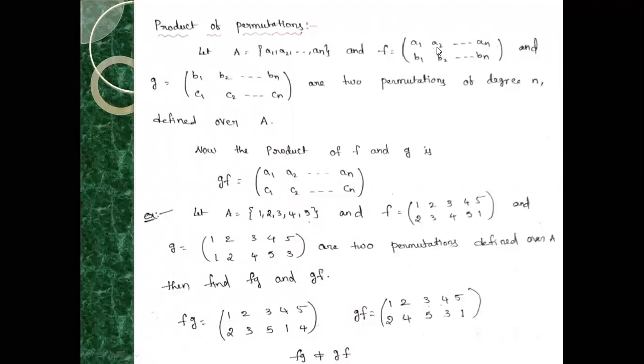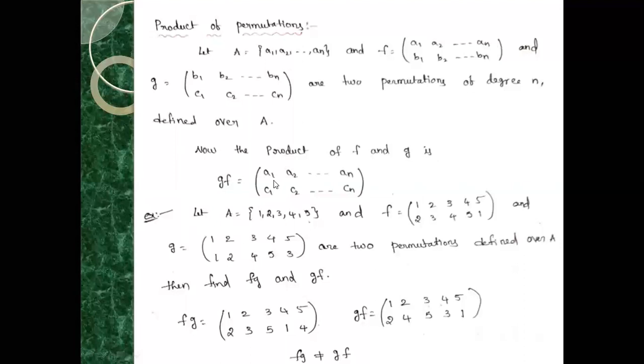Next, in the F function A2 is related to B2. After that we compare the B2 value in G. So B2 is related to C2. So A2 is related to C2. Okay, and so on. An is related to Bn, Bn is related to Cn in G. So An, Cn. This is the product of the given permutations.